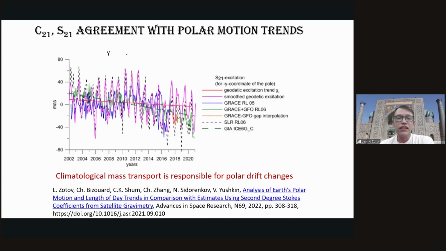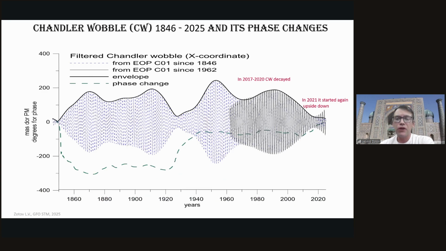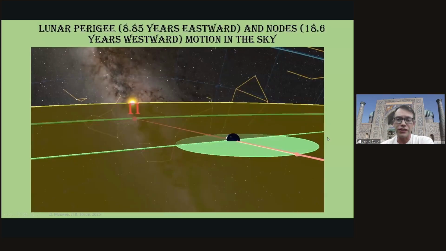But besides the trend in polar motion, we have the disappearance of the Chandler wobble this year. In 2017 it almost disappeared. In 2020 it appeared again, and it seems that the phase of the Chandler wobble shifted by 180 degrees.